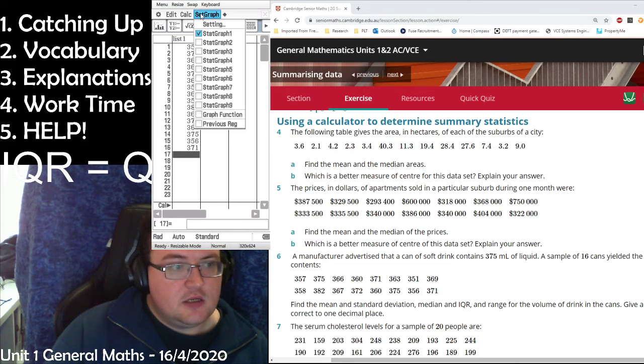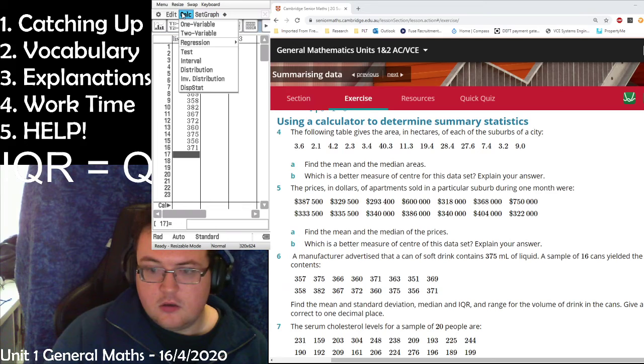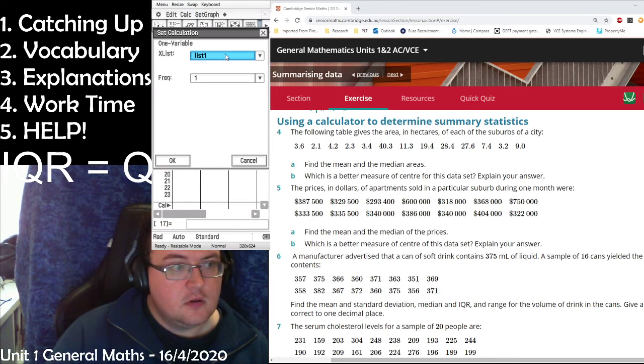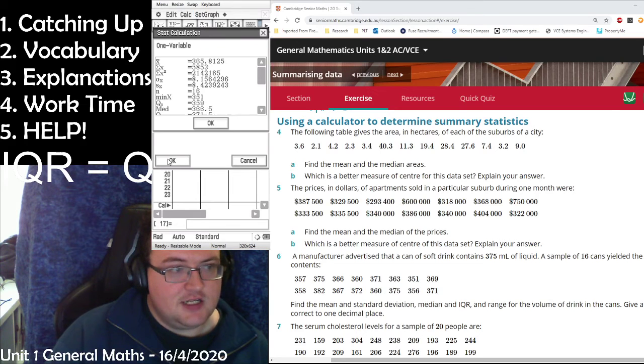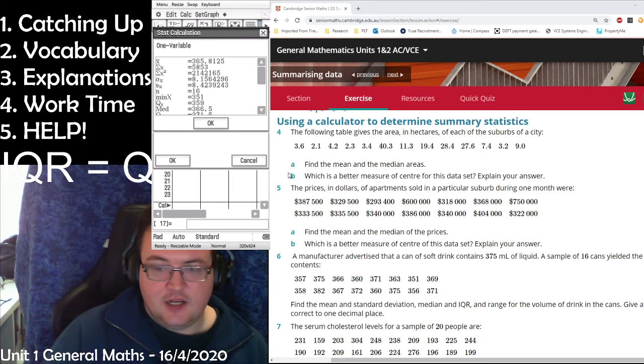Now, under calc, I go to one variable. And I use my list there. And I get this lovely thing here.